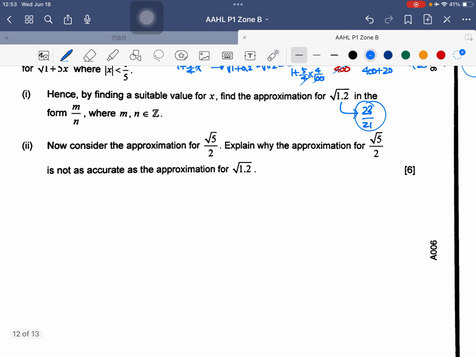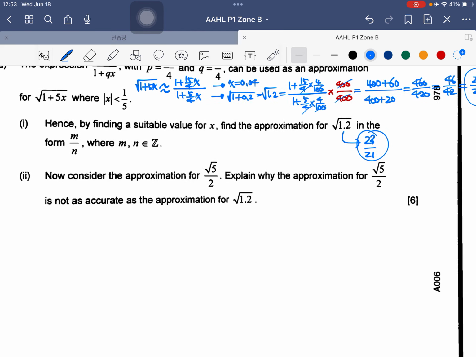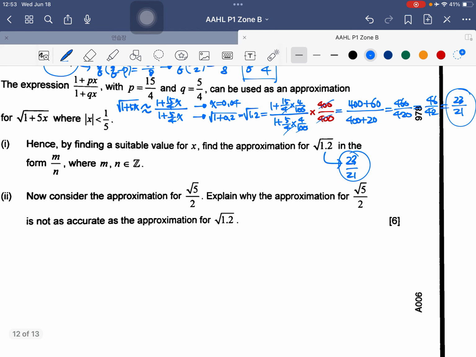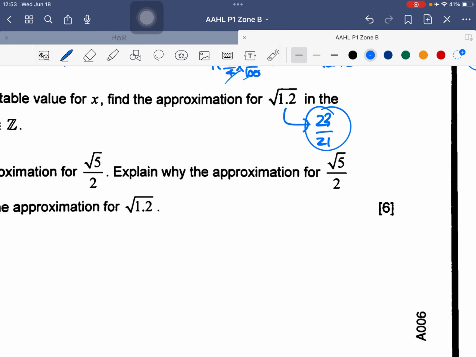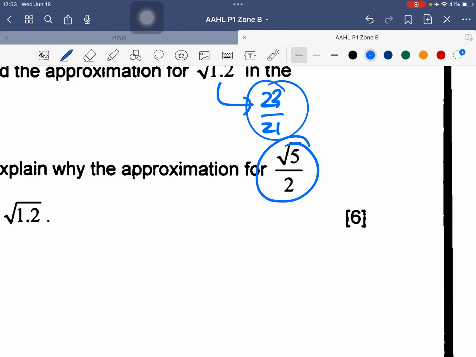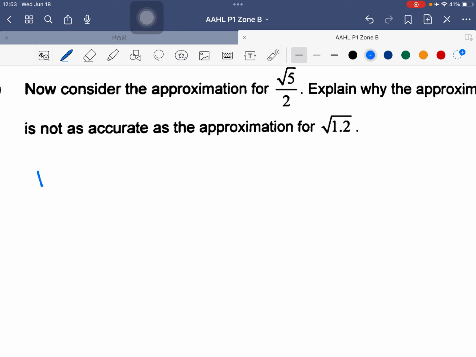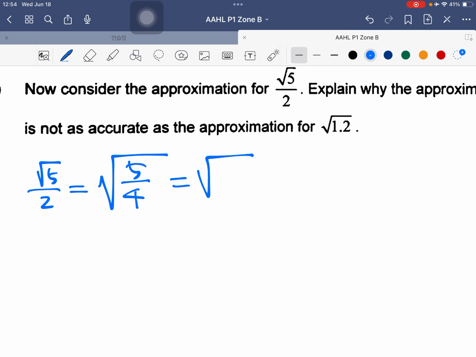Okay. Now consider the approximation of square root of 5 over 2. Explain why the approximation for this expression is not as accurate as the approximation of this. Square root of 5 over 2 can be expressed as the square root of 5 over 4, everything inside, so square root of 1.25.